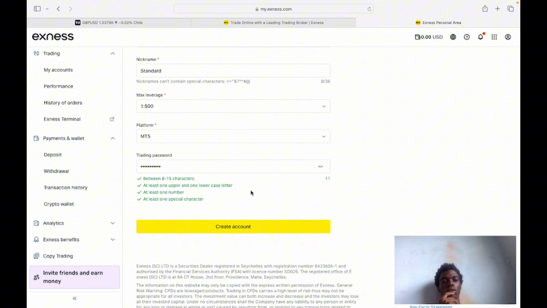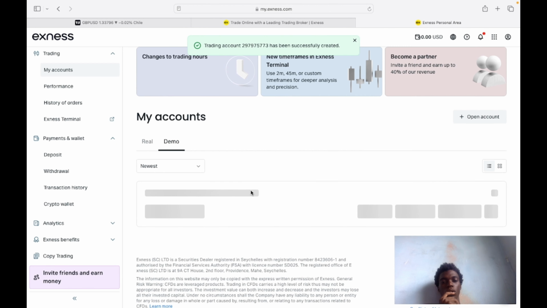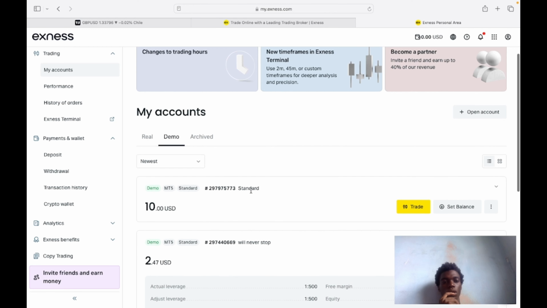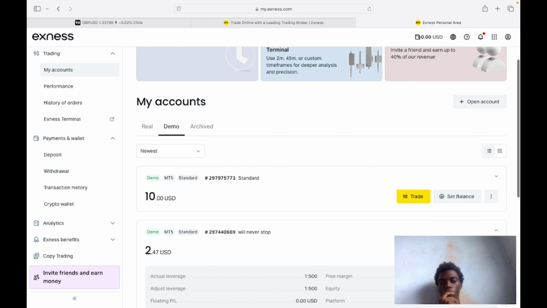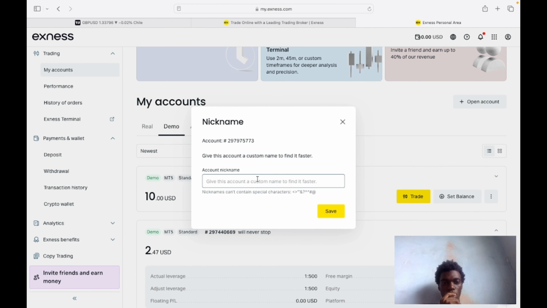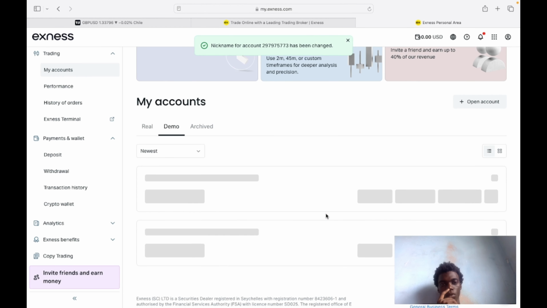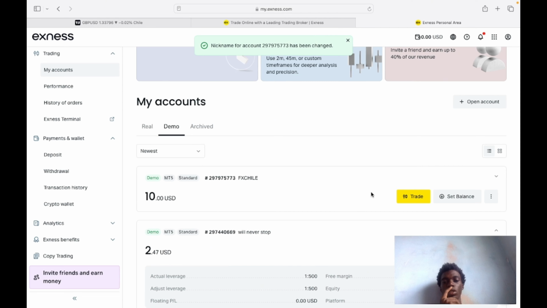Yes, save password. Okay, and I forgot to name this account. I have to edit something, add a nickname. Add nickname FXCHILE. Save. So this is the account which I'm going to start with.